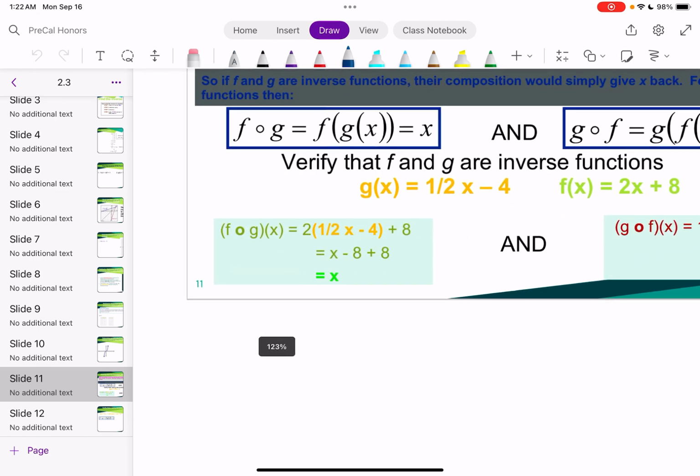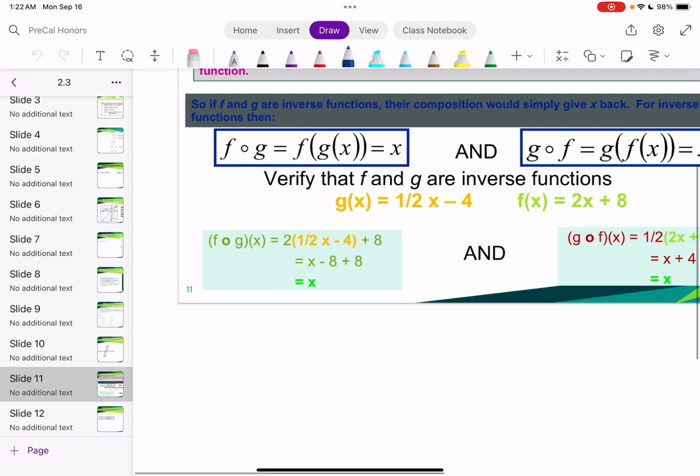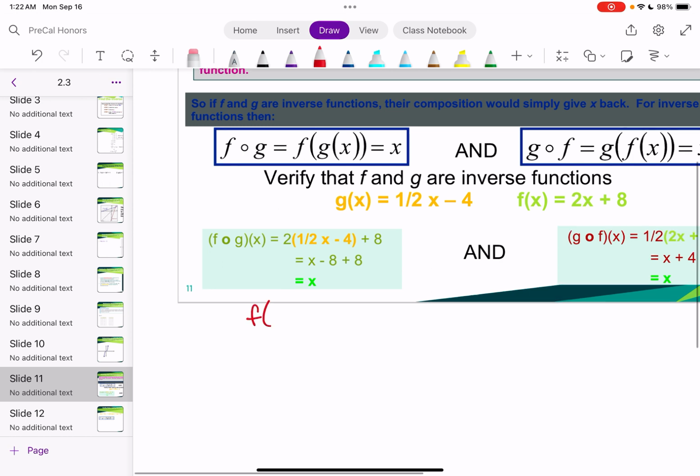Let's start off with the left side, which says f of g. With f of g, we take a look at our g of x equation, and we are going to plug it into f of x, which means 2 times 1/2 x minus 4, plus 8 would be our f of g equation.